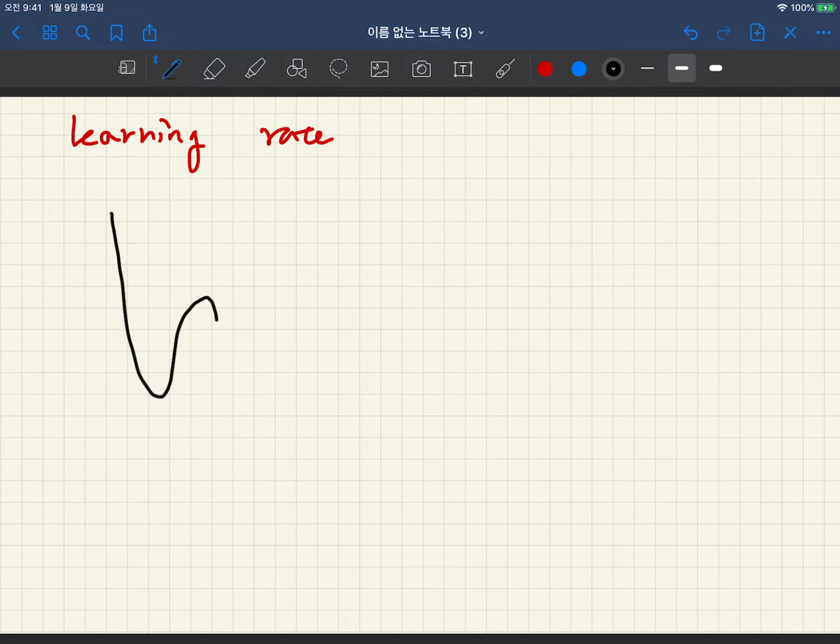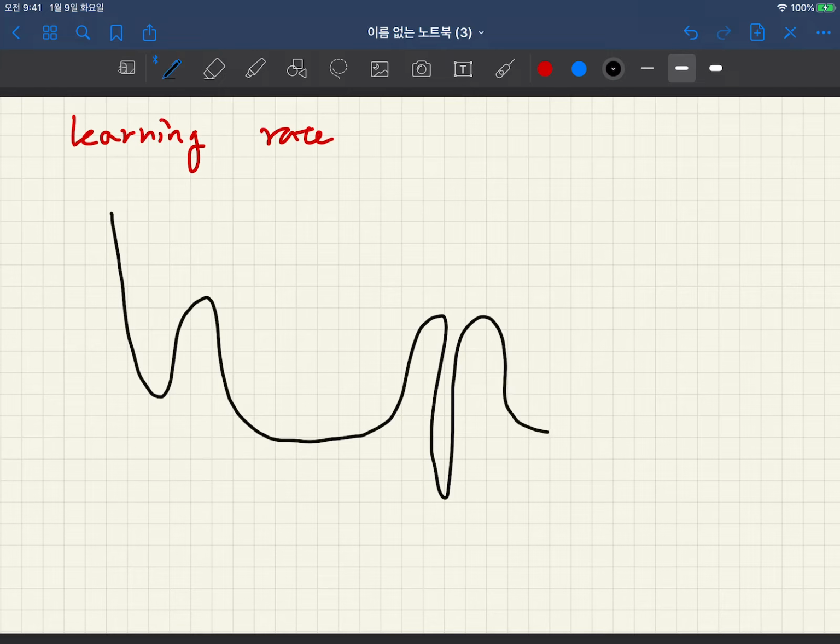There are many local optima like this. This is just a rough idea of why learning rate is related to the generalization error. This curve can actually be very far from the real loss function curve of a deep neural network.